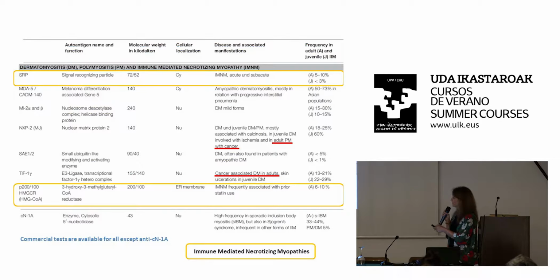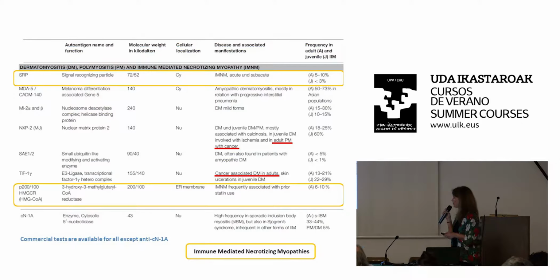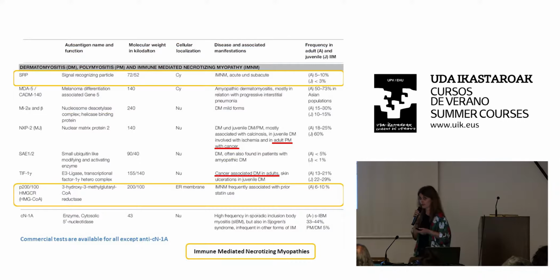Here are the necrotizing forms of myopathies with anti-SRP and anti-HMG-CR autoantibodies, and as you can see here, anti-HMG-CR antibodies were first described in patients that were statin users, but we know now that some patients who don't take statins can develop this kind of autoantibodies and the severe myopathies.